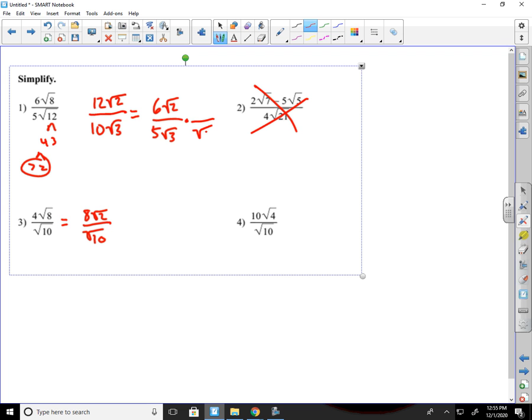Got to multiply by root 3 over root 3. Can't have that root in the denominator. So that gives me 6 root 6 over 5 times 3. Should be 6 root 6 over 15. I can simplify that to 2 root 6 over 5.